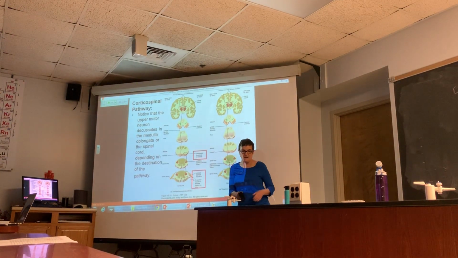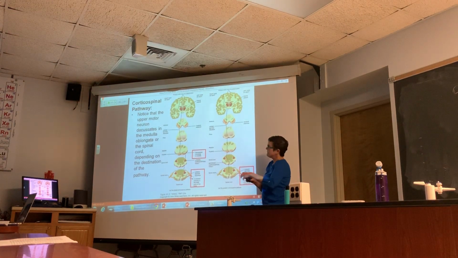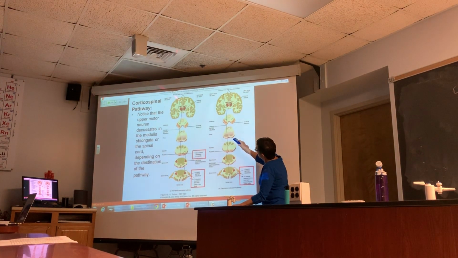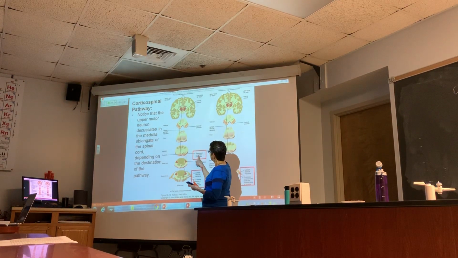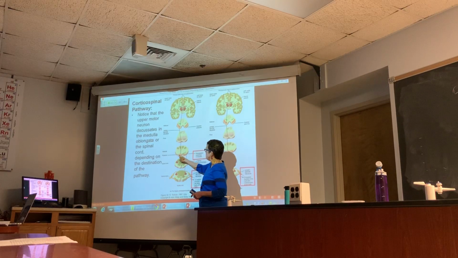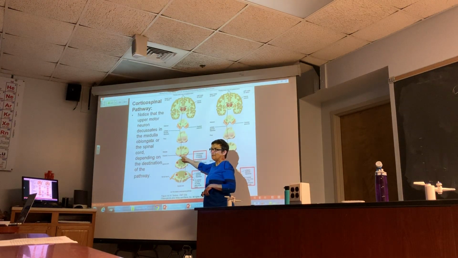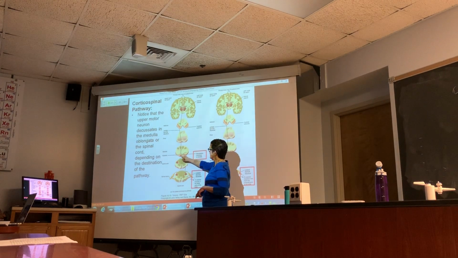And so you either have, here's the upper motor neuron coming down through the midbrain, down to the brainstem, eventually into the medulla. This is the medulla oblongata, and there are tracts, motor tracts in the medulla called the pyramids. You may have learned about the pyramids in the brain.